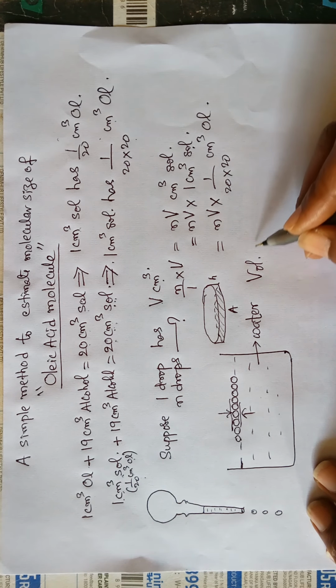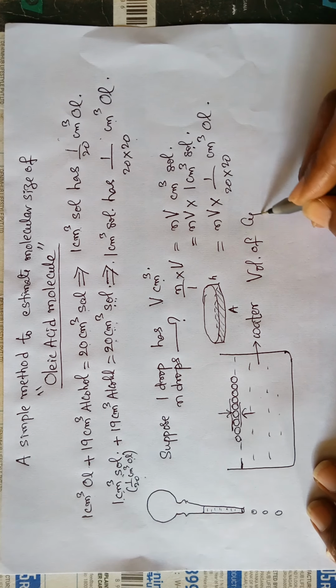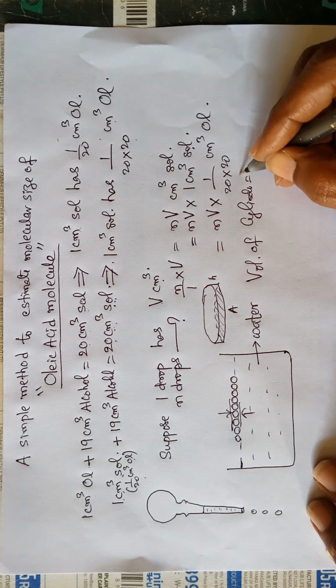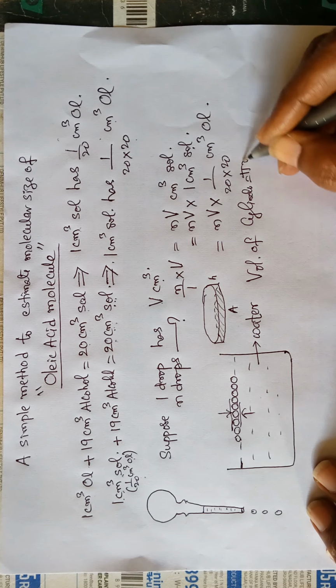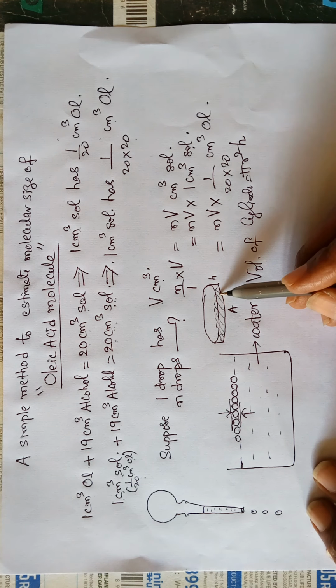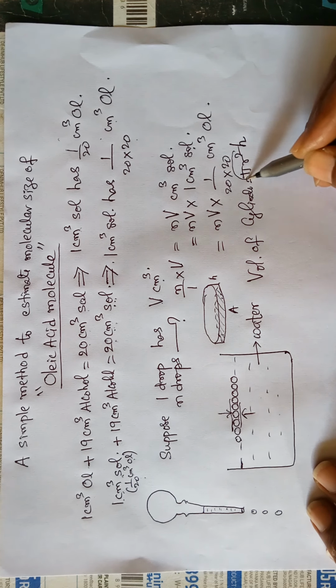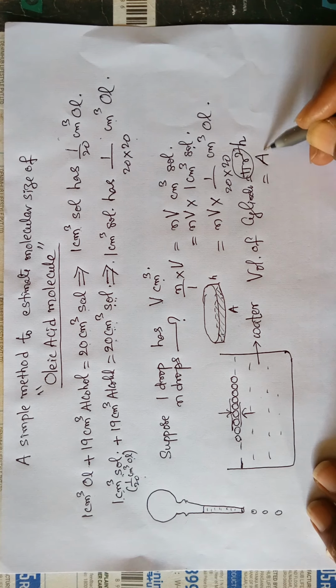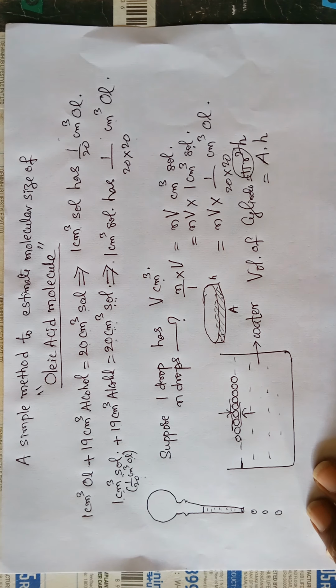Actually, you remember it as pi r square h. See, the base is a circle and the base area is nothing but pi r square. This is nothing but base area. Therefore, capital A into h.